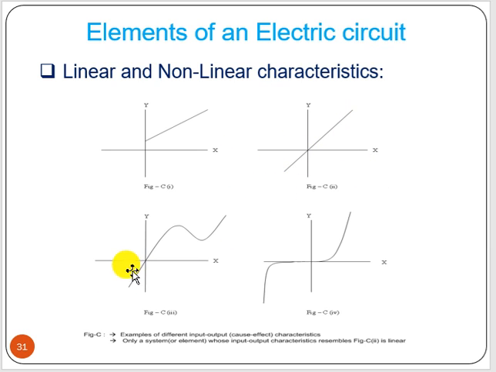Here it is going through the origin, but this part is not a straight line, so this is non-linear. And again it is passing through the origin, but it looks like an exponential curve. So this is again non-linear. So among these four, only this graph is the linear characteristic.